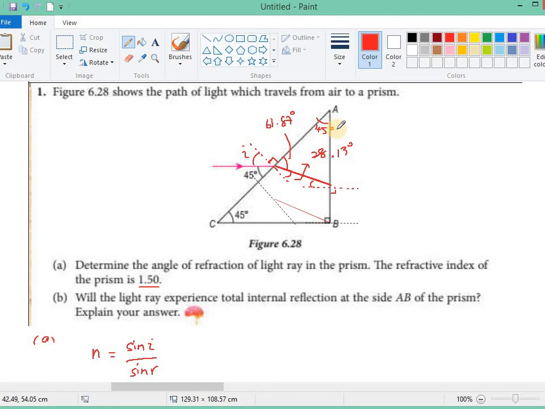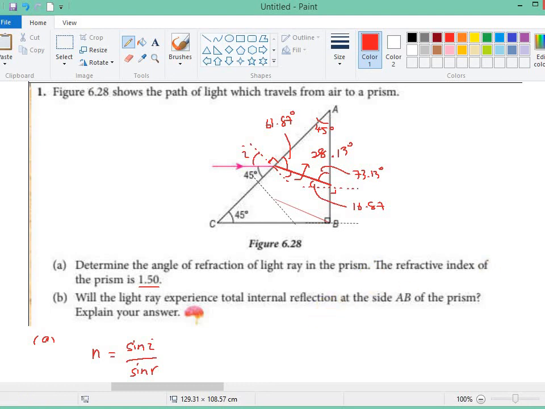So 180 minus, here is 73.13 degrees. So this angle is 16.87 degrees.